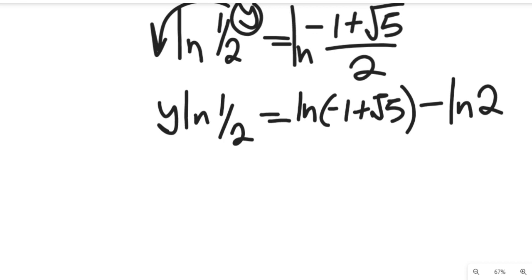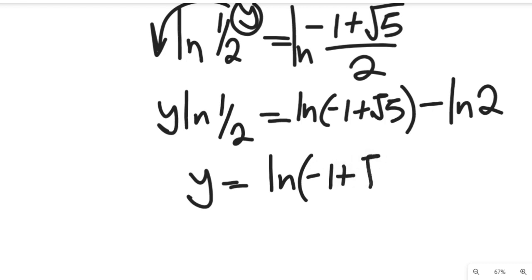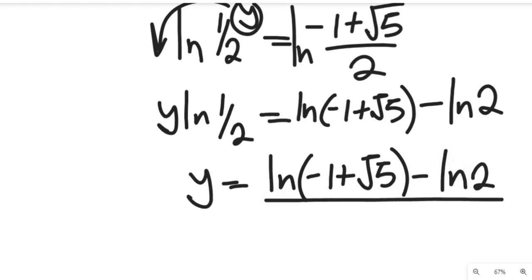So if we divide both sides by the natural log of half, we'll have our y to be equal to the natural log of minus 1 plus square root of 5, minus the natural log of 2, divided by the natural log of half.